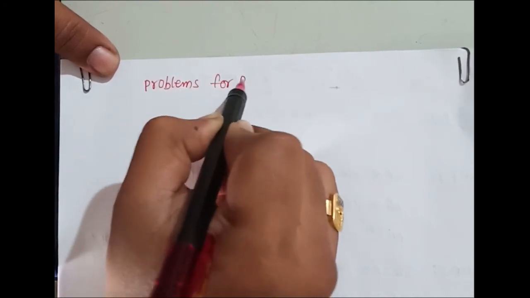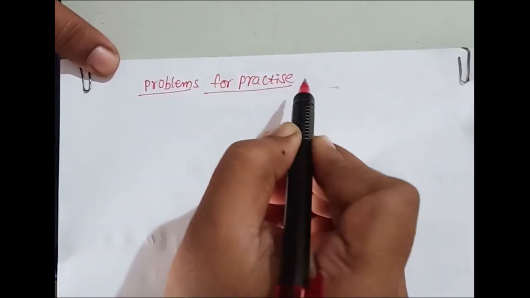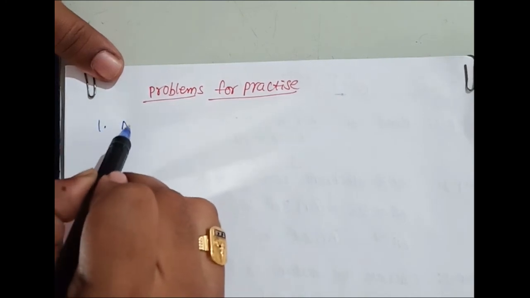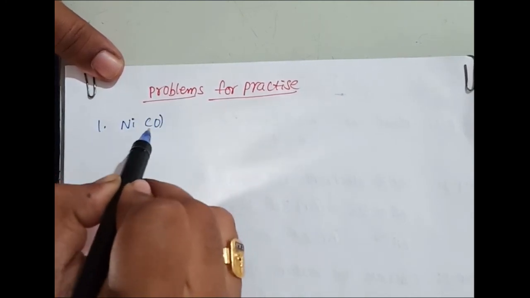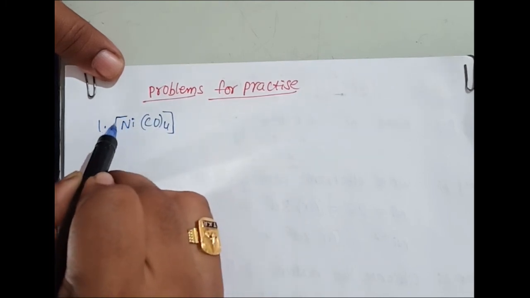Now I am giving you some problems for practice. Let us see whether you are perfect or not. You will understand with these examples. So first example, Ni(CO)4.